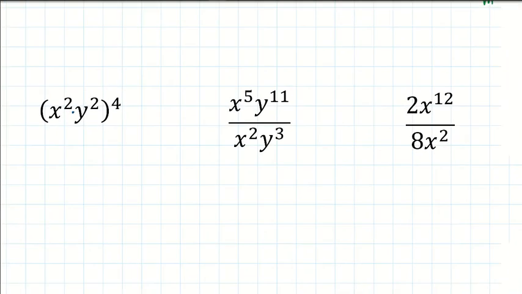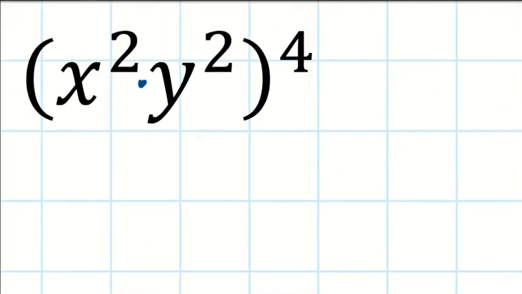Let's go down to this one. This one has 4 of these, and if I wrote it out, it would be x squared y squared, x squared y squared, x squared y squared, x squared y squared. But every single time I wrote down the x squared, it would be 2 more factors of x. In fact, I would have 1, 2, 3, 4, 5, 6, 7, 8.